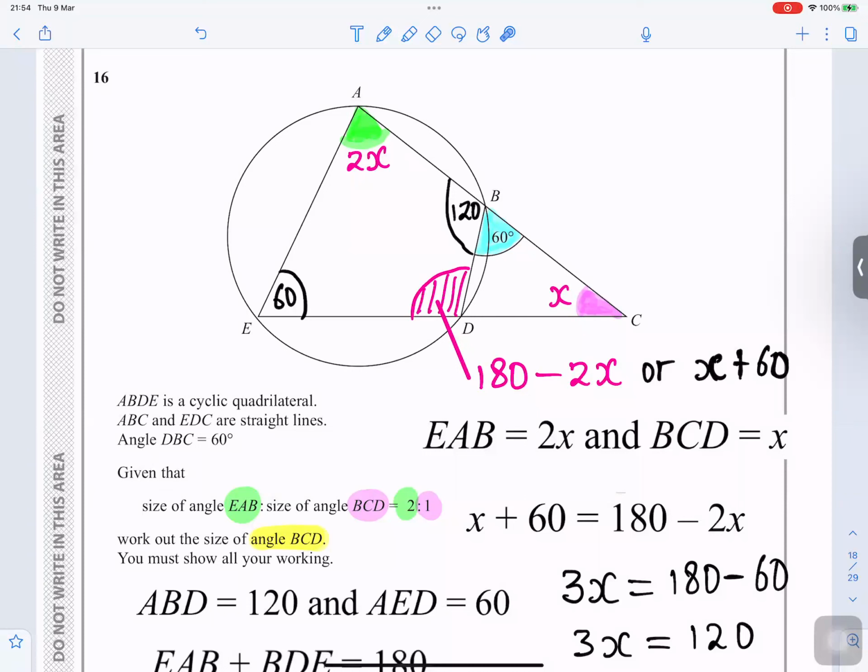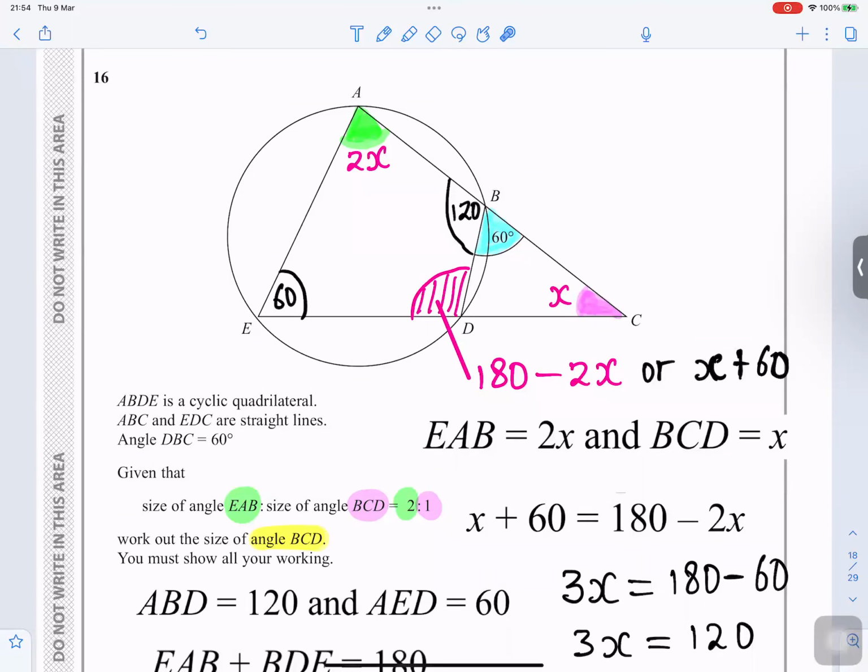So question 16, ABDE is a cyclic quadrilateral. ABC and EDC are straight lines. Angle DBC is 60. Given that the ratio of angle EAB to angle BCD is 2:1, work out the size of angle BCD. You must show all your working. So angle BCD is this angle there that we're going to look for, and we call it x.